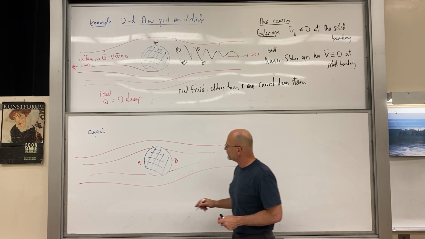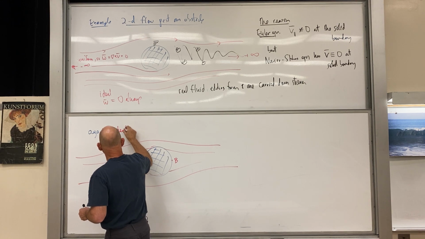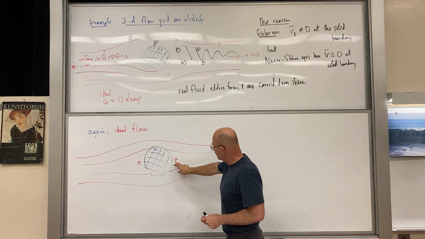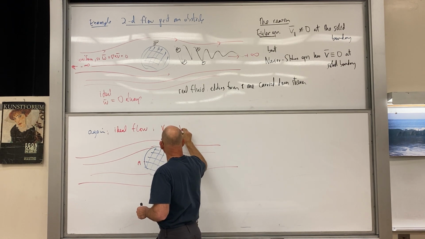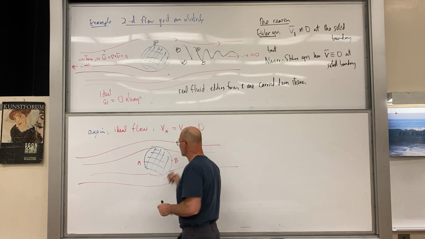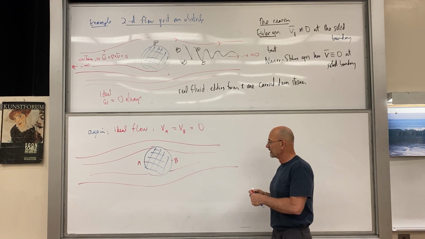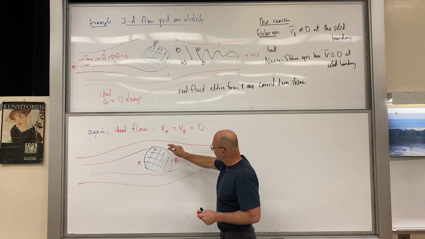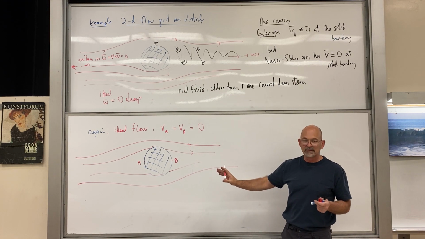So again, ideal flow: V at A equals V at B equals 0. So what would Bernoulli's equation tell us? And of course, when we have these kinds of streamlines, we're thinking time independent. Okay?